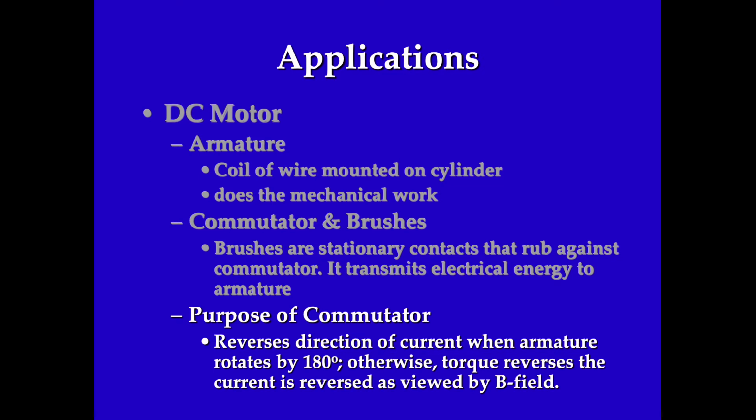And the commutator has to be designed so that when the loop of wire rotates by 180 degrees, the direction of the current in the loop is reversed. Otherwise, if you don't reverse the current, the torque reverses direction and you get a motor that just oscillates back and forth, which is completely useless.